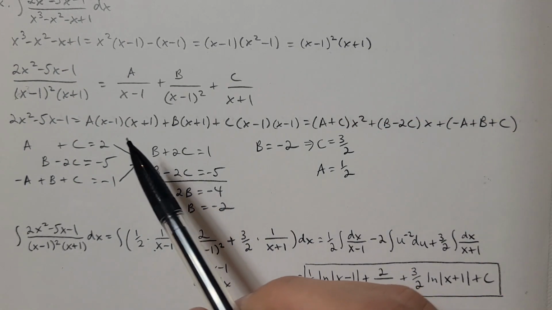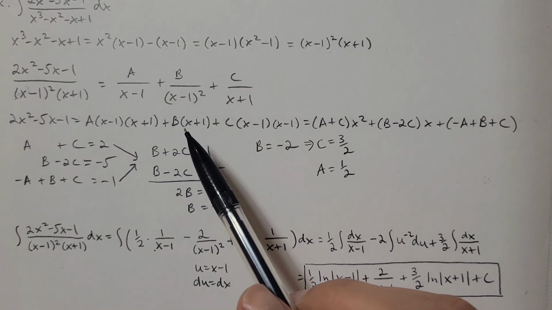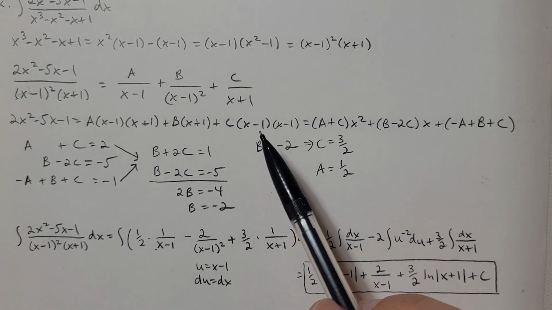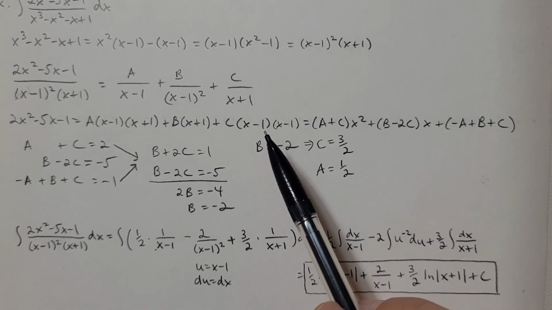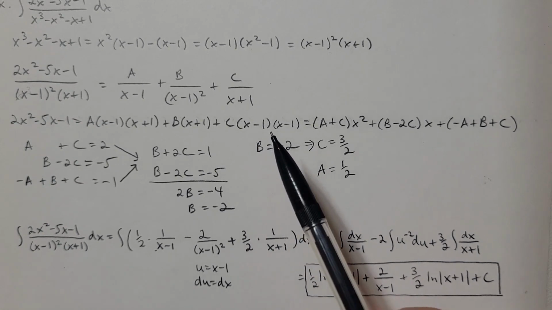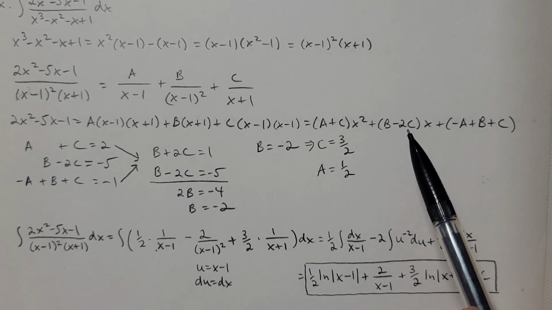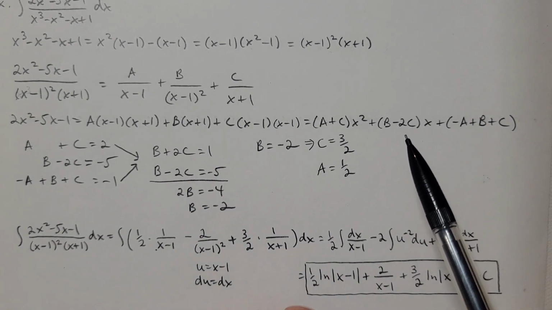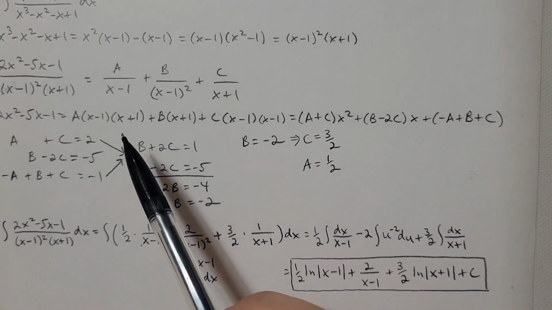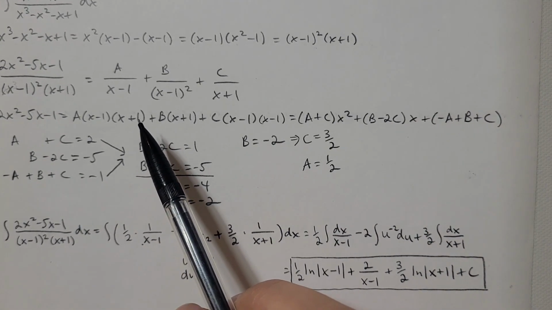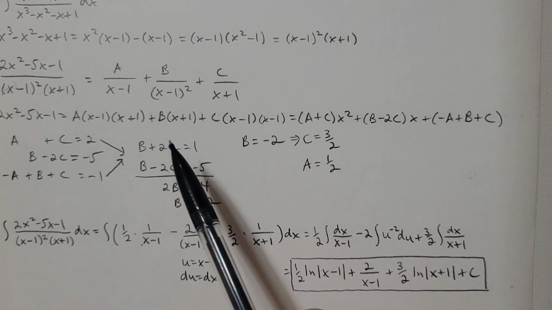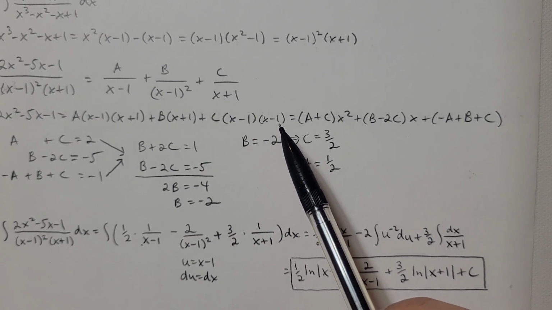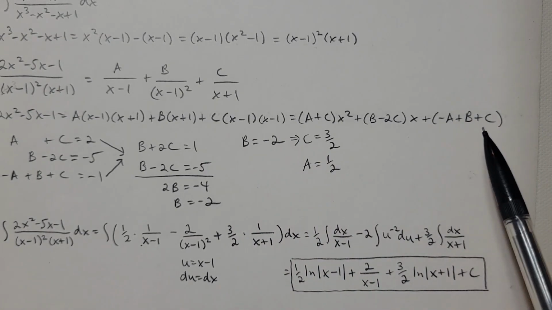And then the next terms here, we've got Bx, and then minus 2Cx. So B minus 2C is in common to these x terms, so let's go ahead and factor that out. And then plus, negative 1 times A is negative A, plus B plus C. That's going to be the constant term there.